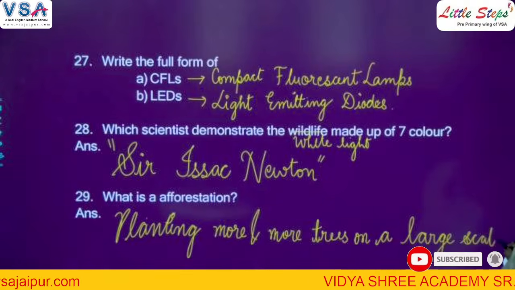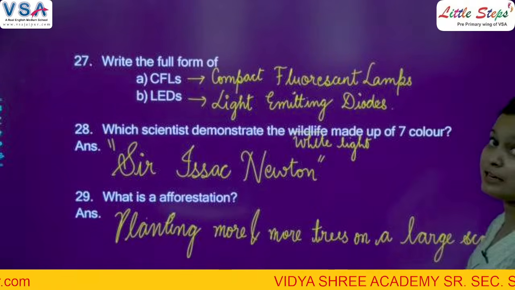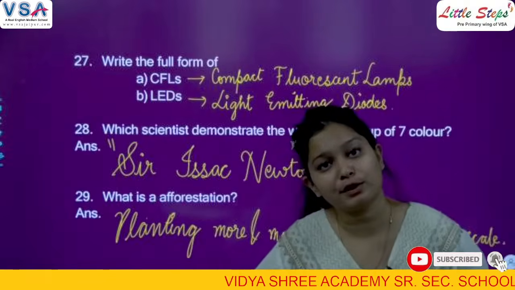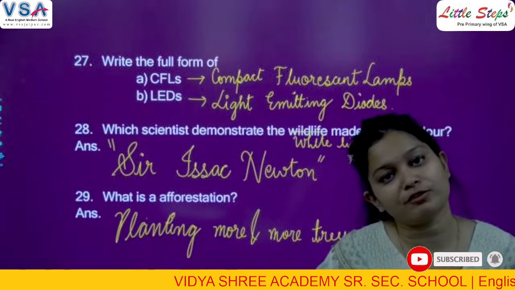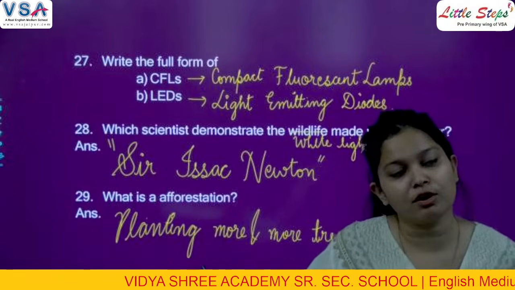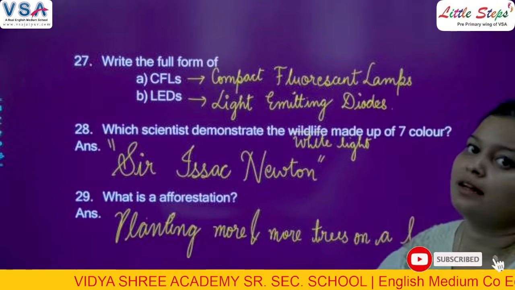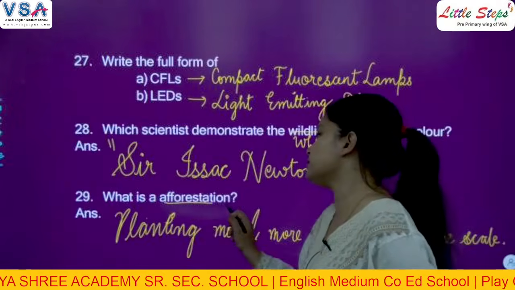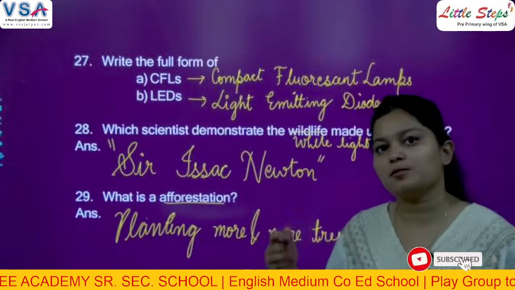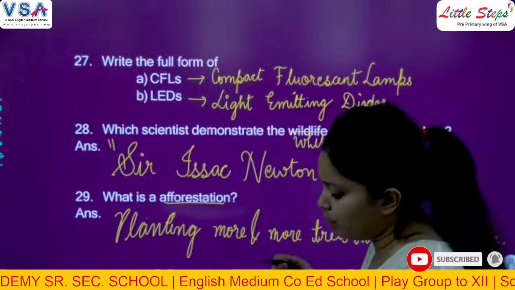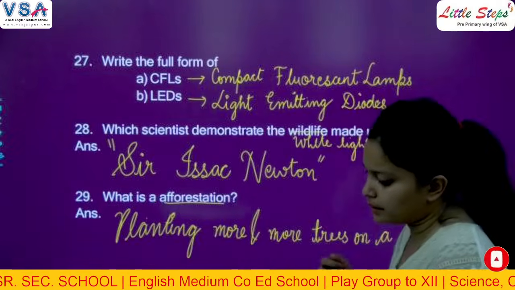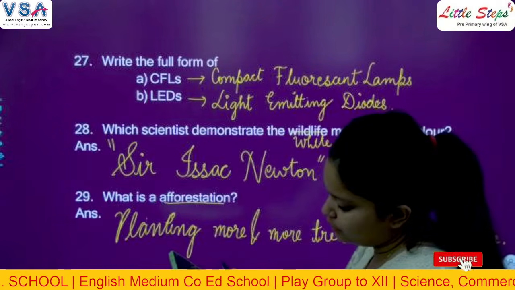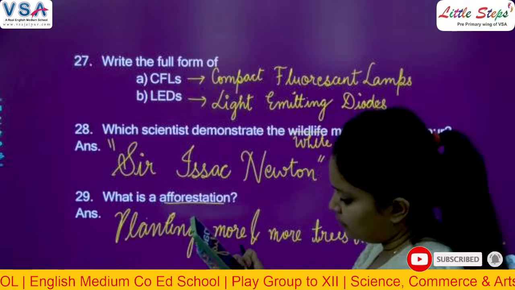Also one thing, if the question is what is deforestation? As you all know, deforestation is cutting down of more and more trees on a large scale. That is deforestation. And while we talk about afforestation, this means we are planting more and more trees. Yes, Sir Isaac Newton, yes, the answer is good.